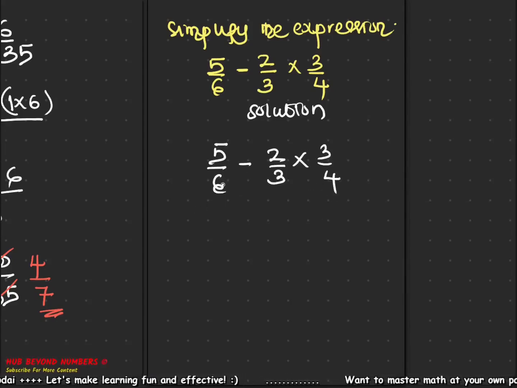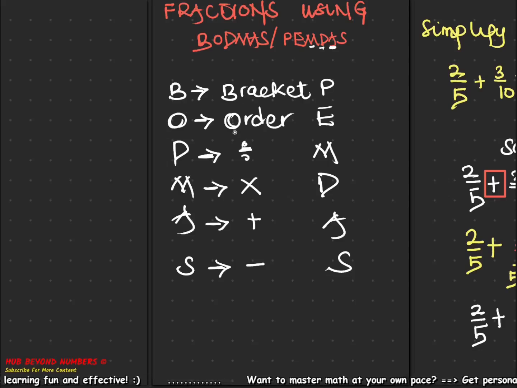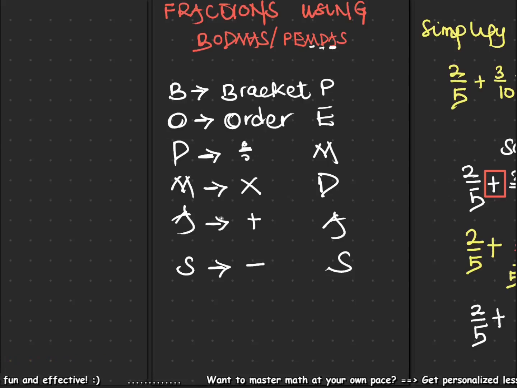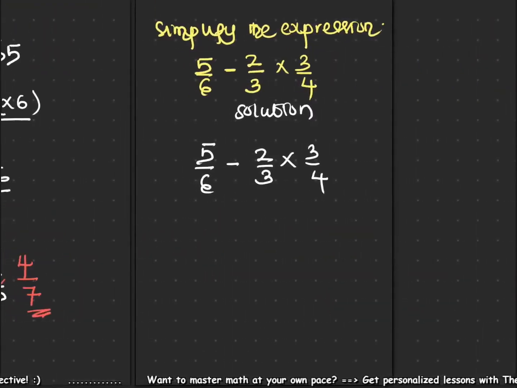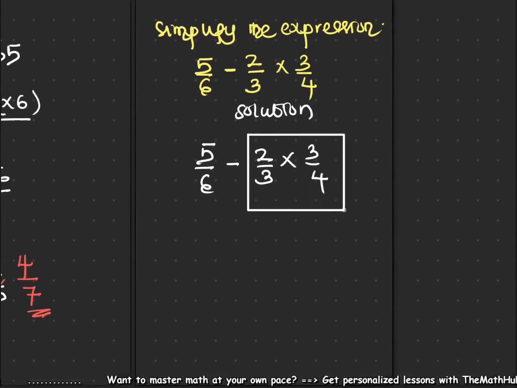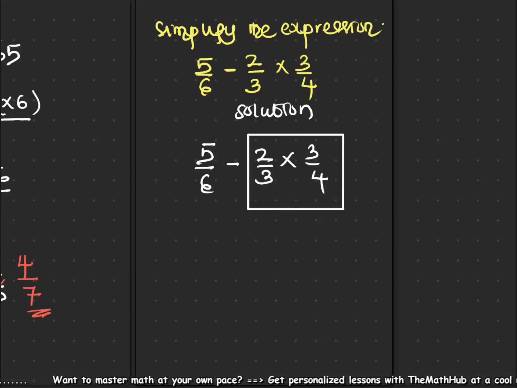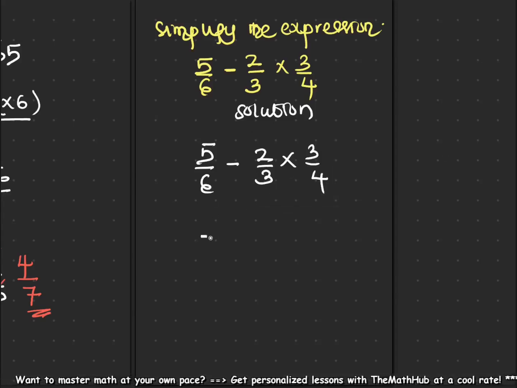BODMAS once again says what? Bracket, order, division and multiplication, addition, and subtraction. So if you have to follow that same order, then it simply means we are going to try and solve for this first. That is the 2 over 3 times 3 over 4. So 5 over 6 repeats. So the question says 5 over 6 minus 2 over 3 times 3 over 4.